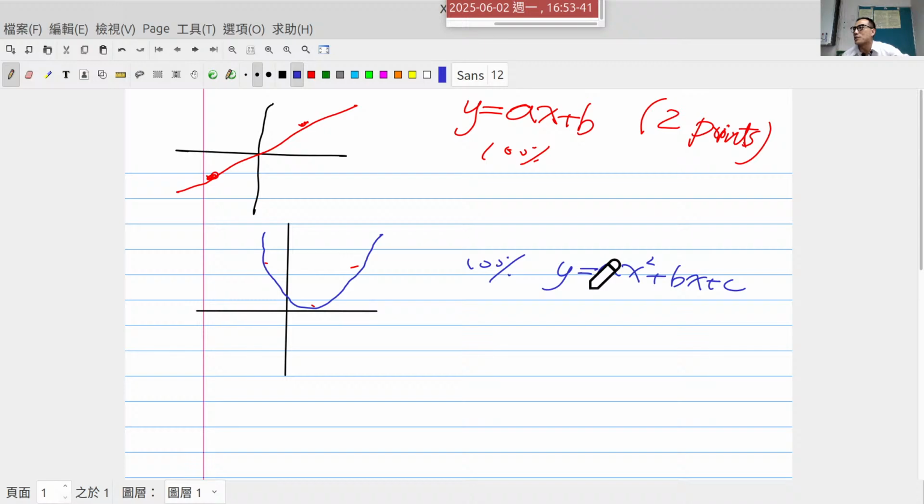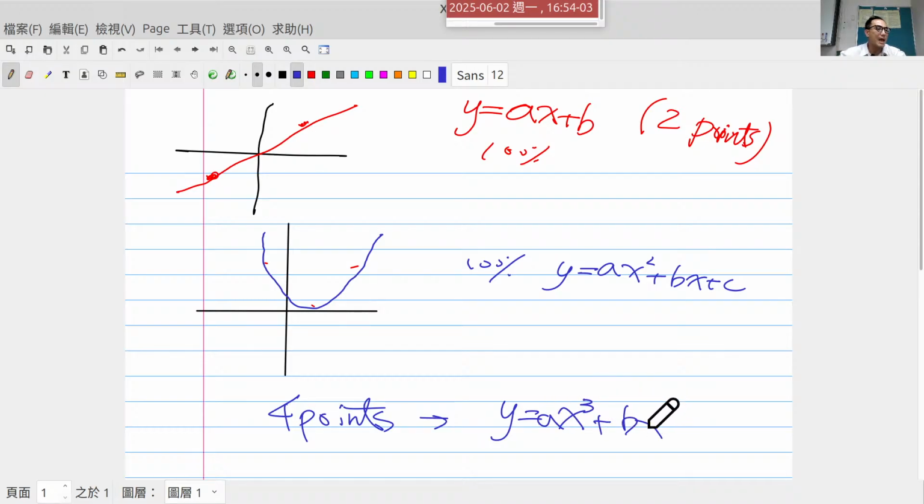Okay, and in the same way, if we have 4 points, that will be y equals ax cubed plus bx squared plus cx plus d.